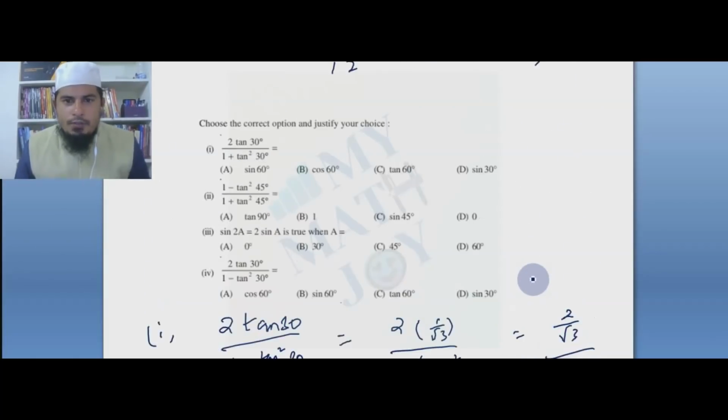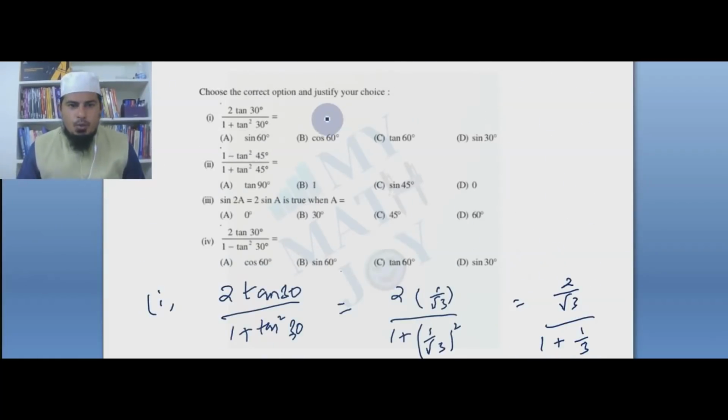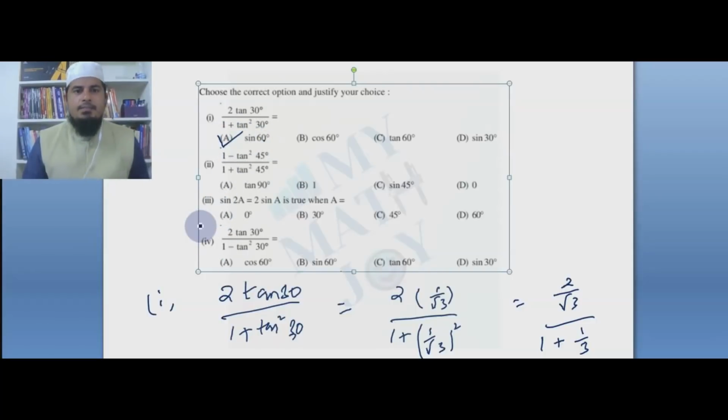So which of the options gives you root 3 by 2? The option sin 30 is 1 by 2, tan 60 is only root 3, cos 60 is 1 by 2, sin 60 is your root 3 by 2. So this will be your correct answer.